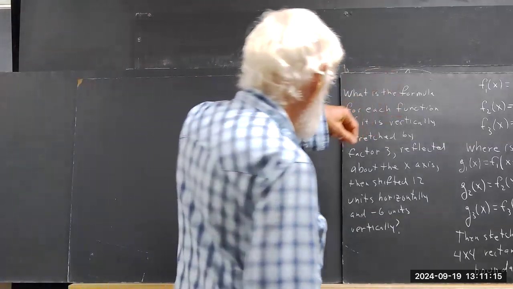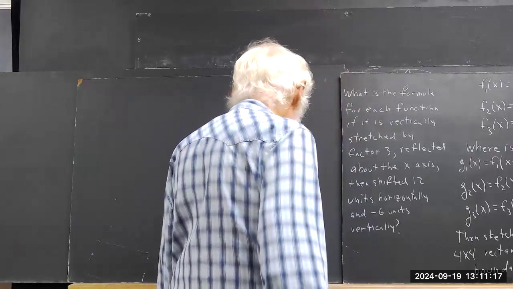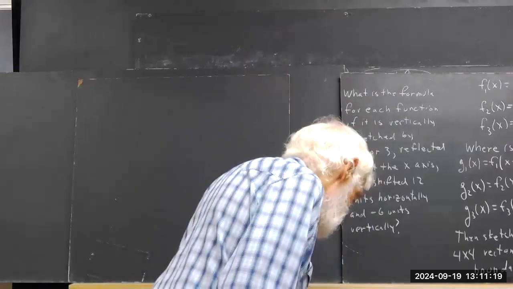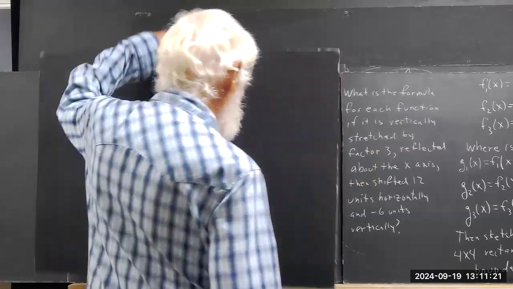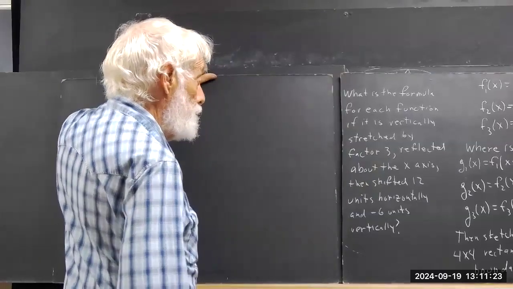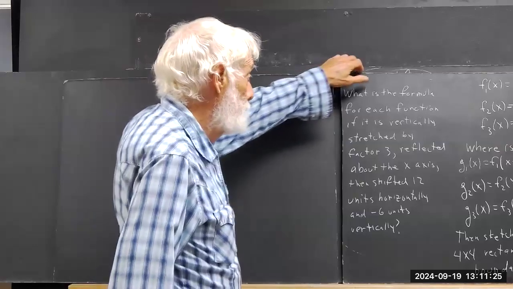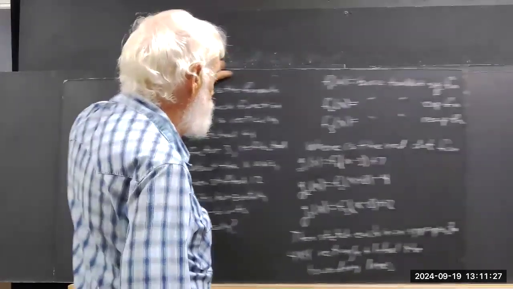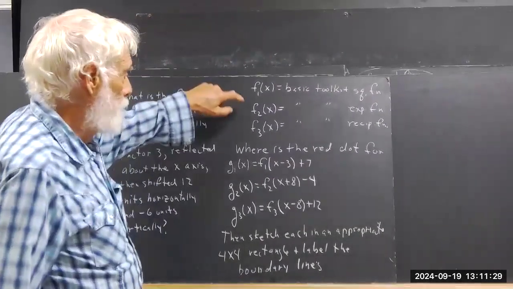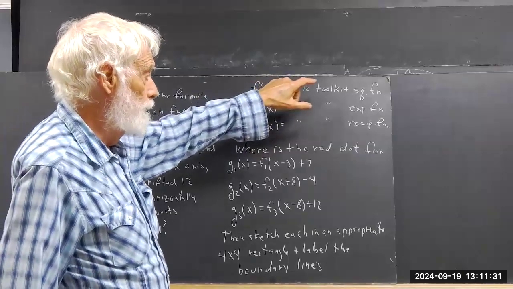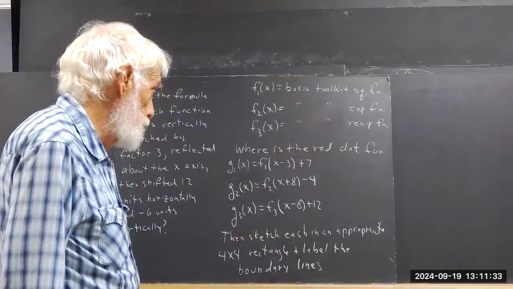So I'm going to do these and show you what I was hoping to see. And I pretty much saw that on most of the papers. All right. So F1, F2, and F3 are the basic toolkit functions, restricted functions.